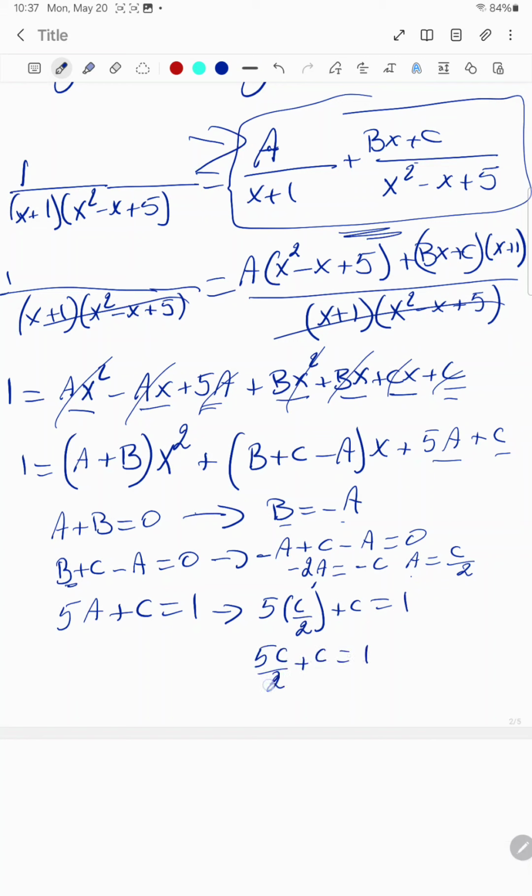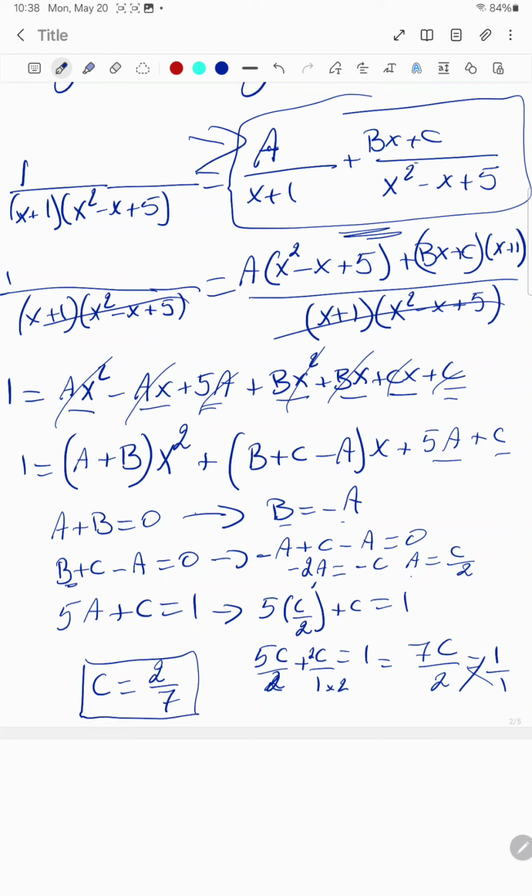Let's do a common denominator on the left hand side. So I multiply by 2 here, and I multiply by 2 here. So I would have 7c divided by 2 equal to 1. So c is equal 2 divided by 7. So I did the cross multiplication, and I took out c.